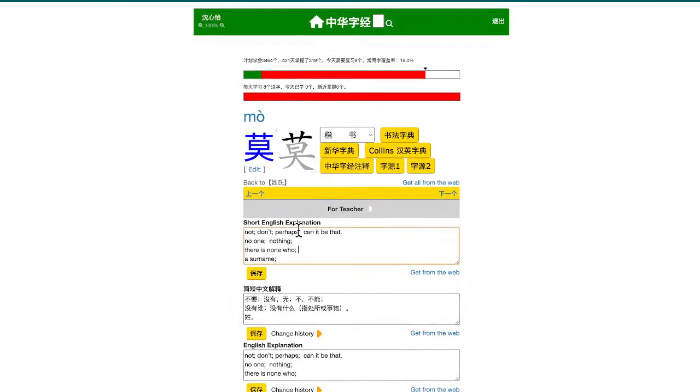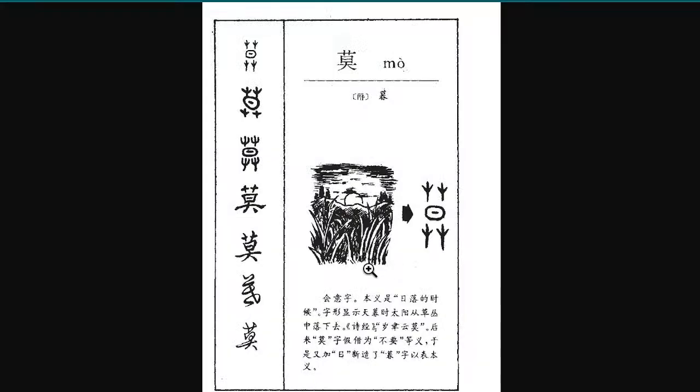So this is Mo. Let's take a look at the character. The original meaning is dusk, the moment of sunset.